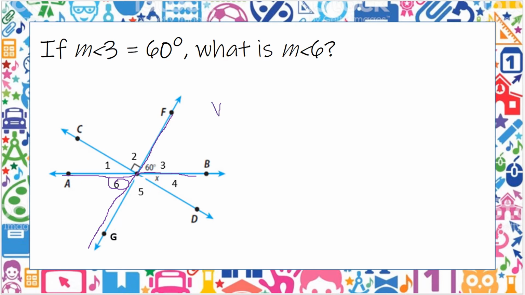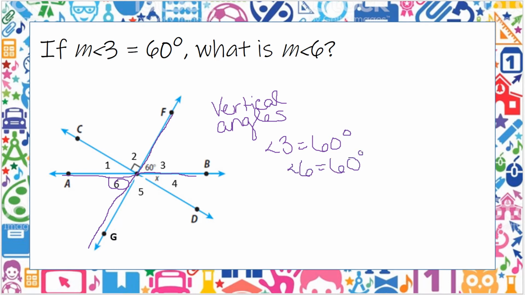These are called vertical angles. And vertical angles are always equal. So if angle 3 is 60, then angle 6 is also 60 degrees. So vertical angles are always equal.